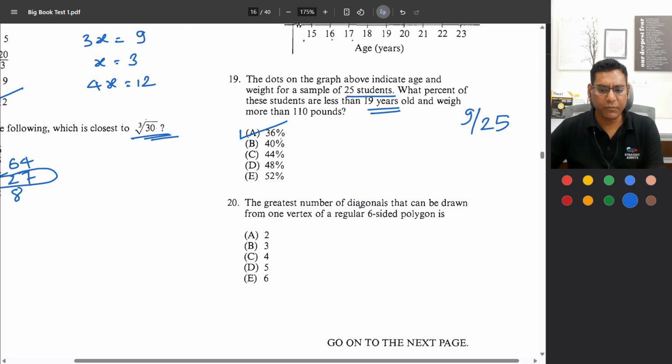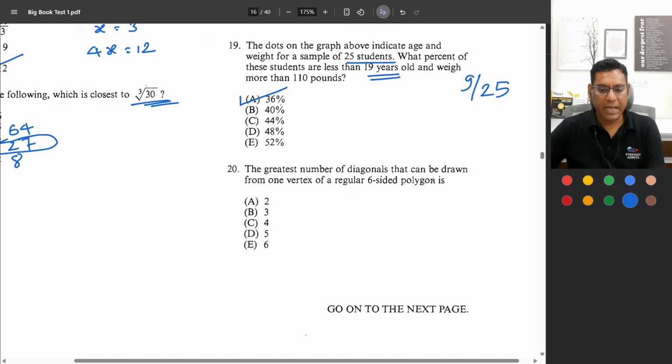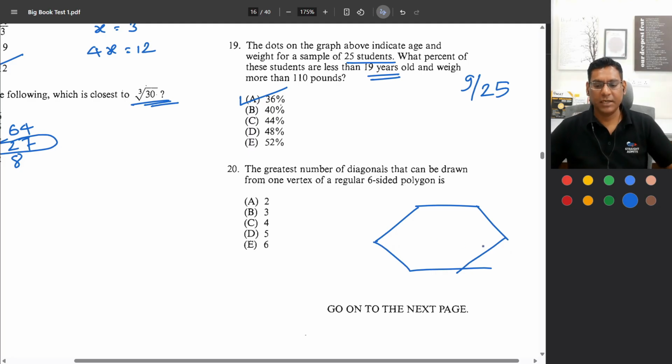There's only one question on the graph. Great. The greatest number of diagonals that can be drawn from one vertex of a regular six-sided polygon. Let's first draw a regular six-sided polygon. This is a regular six-sided polygon. Obviously it's not drawn to scale, but the greatest number of diagonals that can be drawn from one vertex.